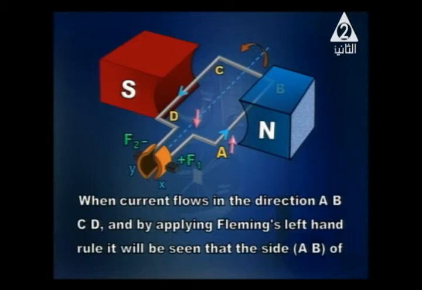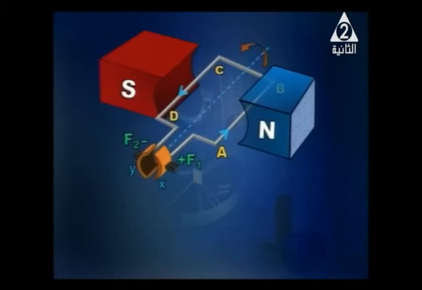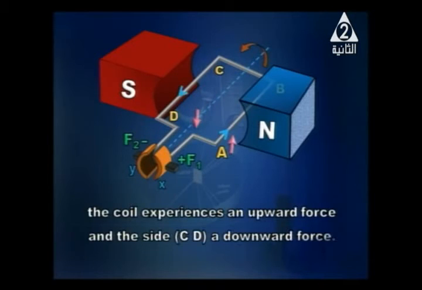And if we want to determine the direction of the force, all you have to do is to apply Fleming's left-hand rule. By applying it, it will be seen that side AB of the coil will be acted upon by an upward force, and side CD is acted upon by a downward force.